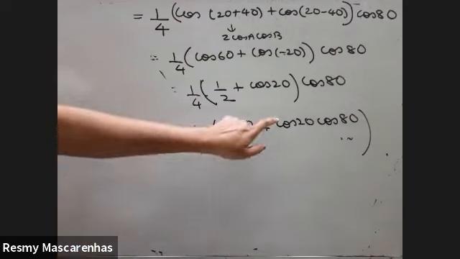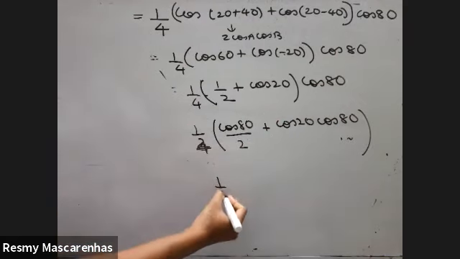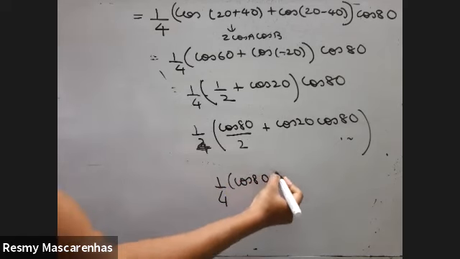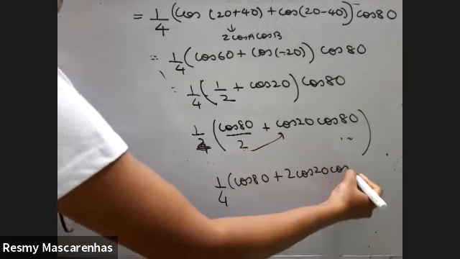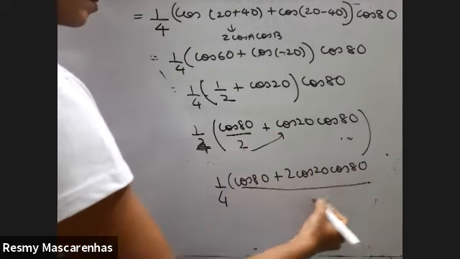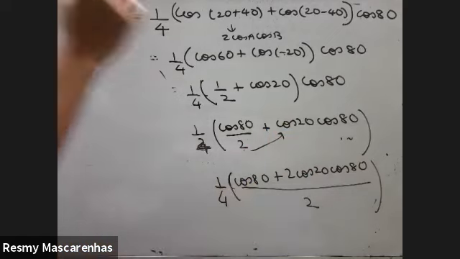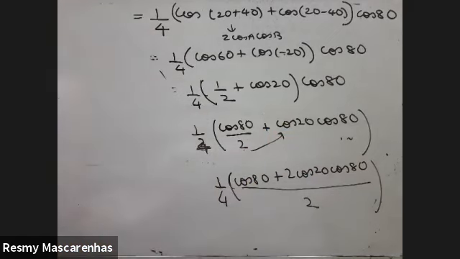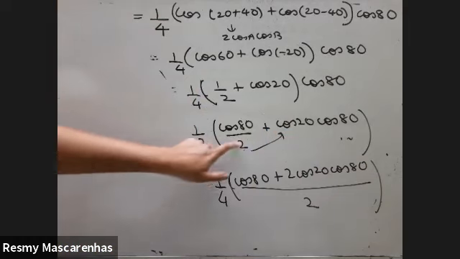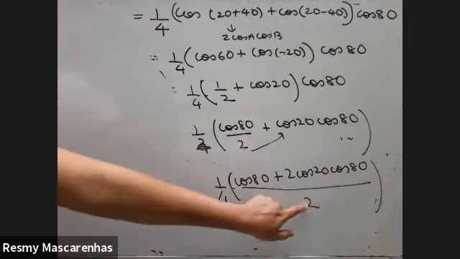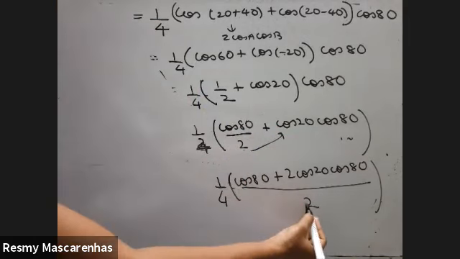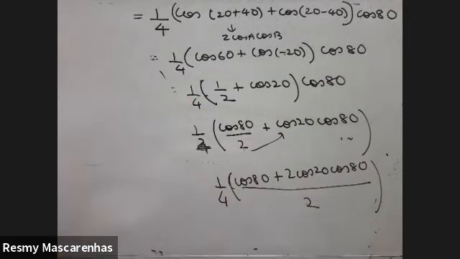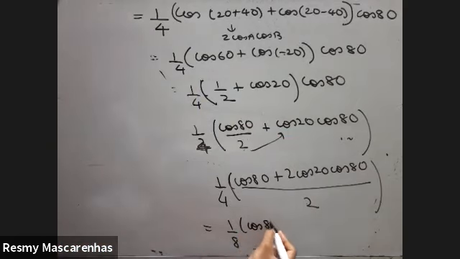Now you cross multiply. Simply you cannot multiply outside because there is a plus sign. Now it is overall, so this you can multiply out now. So that will be 1 by 8 cos 80.